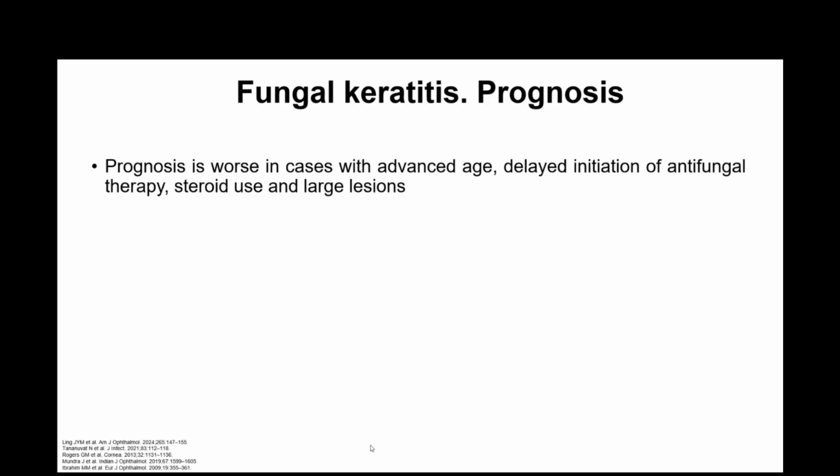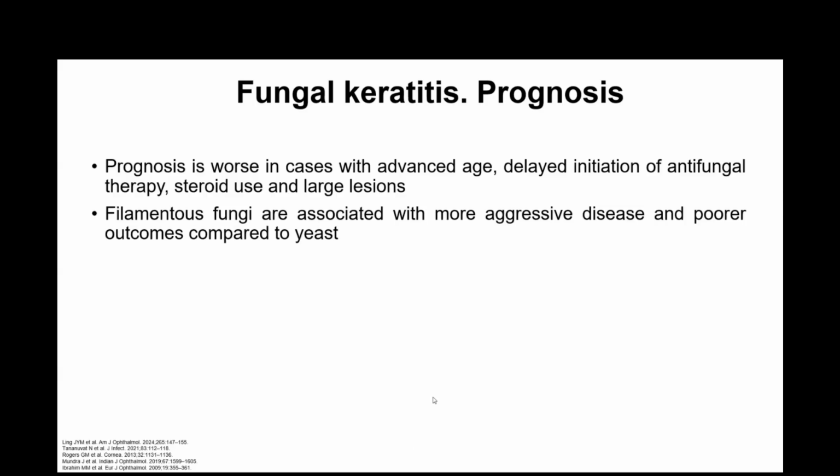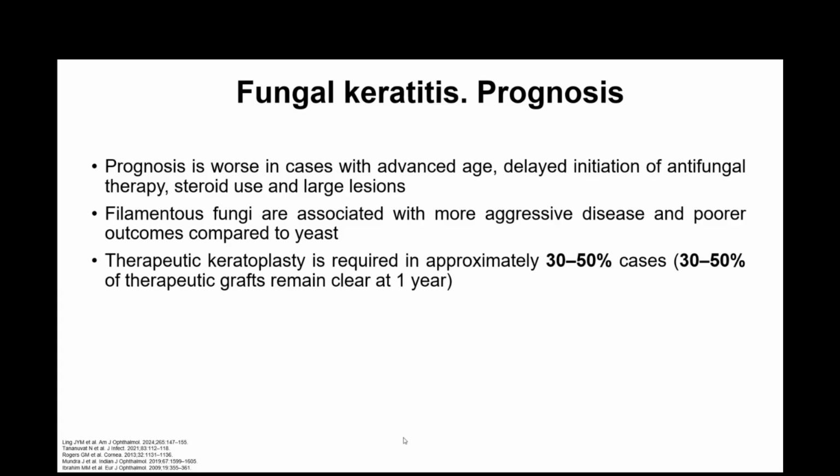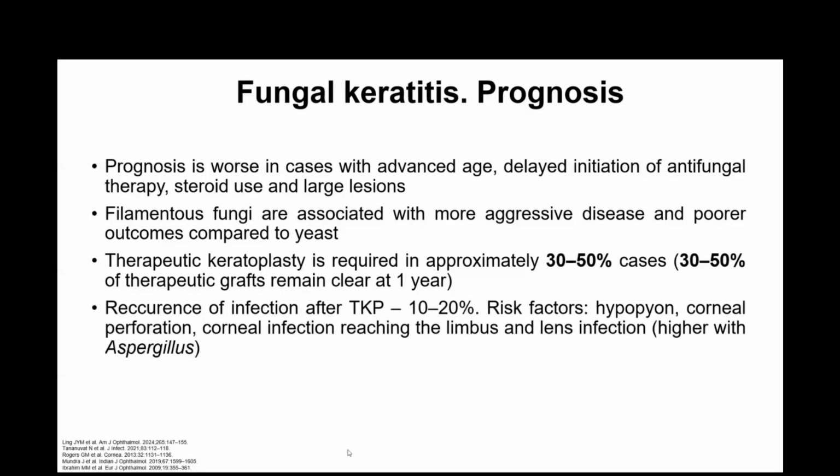Prognosis. Prognosis is worse in cases with advanced age, delayed initiation of antifungal therapy, steroid use, and large lesions. Filamentous fungi are associated with more aggressive disease and poor outcomes compared to yeast. Therapeutic keratoplasty is required in approximately one third to half of cases, but only 30 to 50% of therapeutic grafts remain clear at 1 year.